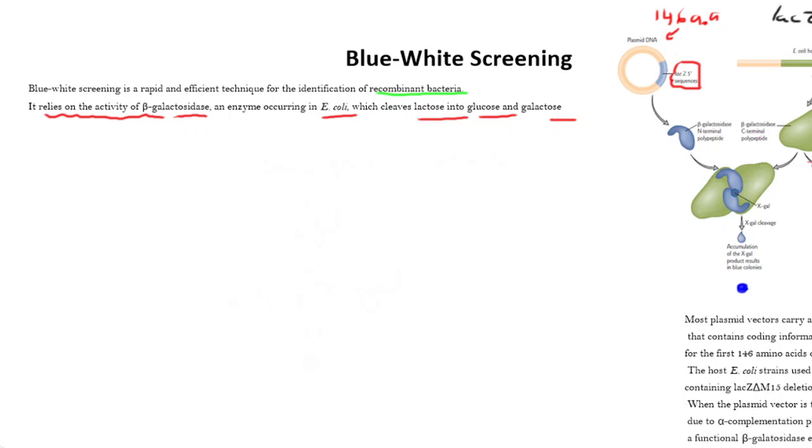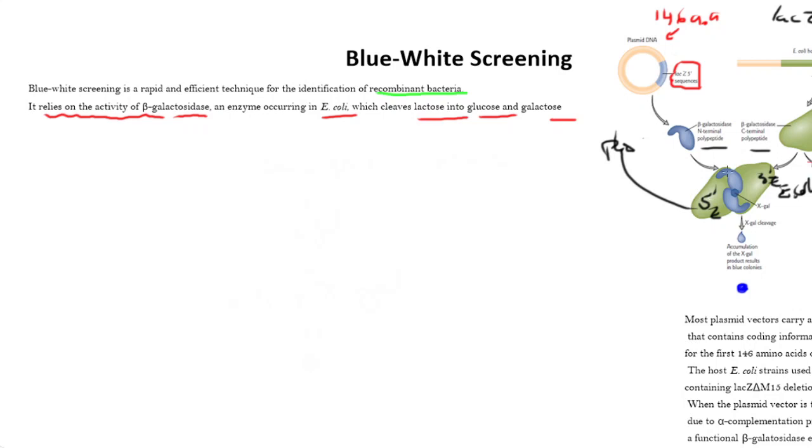As you see in this picture, this is the 3' LAC-Z segment, and this is the 5' LAC-Z. One is coming from the E. coli here, and this one is coming from the plasmid. As soon as they come together, the N-terminal and the C-terminal of our LAC-Z gene, that's the only time that they're going to have the change in color, which is blue, or a blue colony.